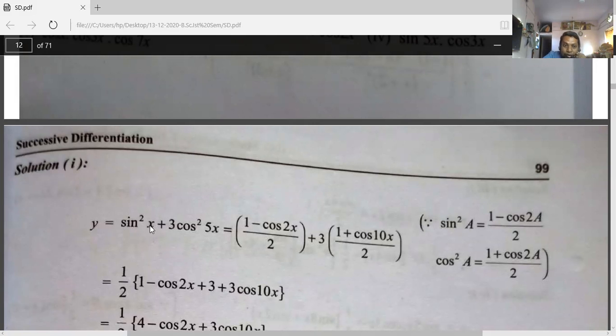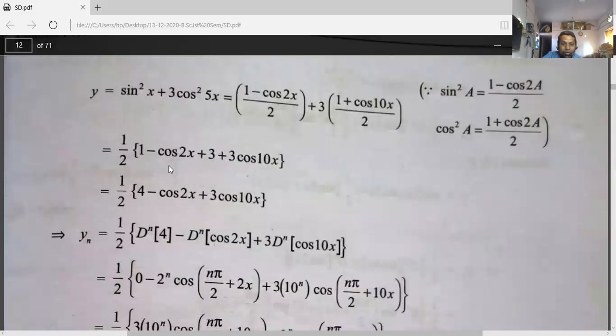Now you write sin^2 x as (1 - cos 2x)/2, plus 3 cos^2 5x you can write as 3(1 + cos 10x)/2, because sin^2 a is equal to (1 - cos 2a)/2 and cos^2 a is equal to (1 + cos 2a)/2. So this is equal to 1/2 times (1 - cos 2x) plus 3(1 + cos 10x).